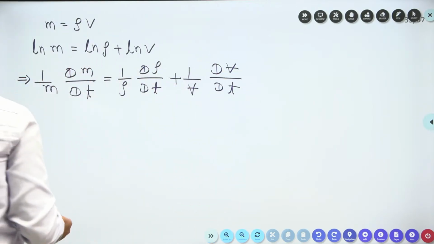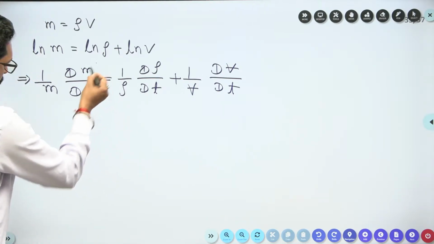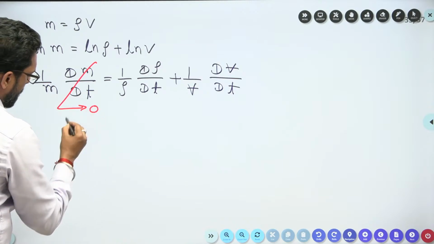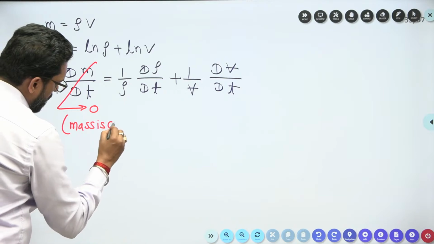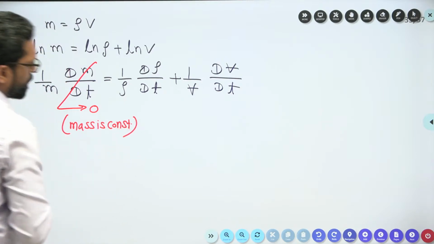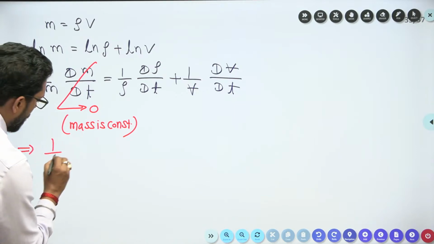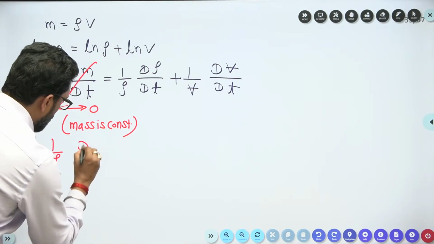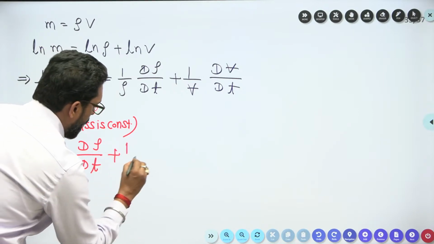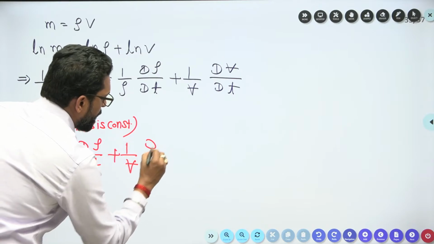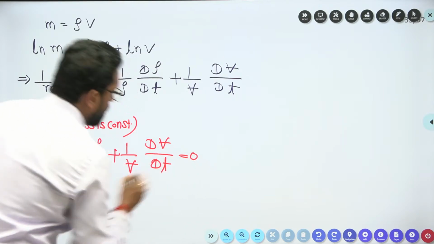So what is this, beta? This is 0. Why? Because mass is constant. Okay. So what is that? 1 by rho D rho by Dt plus 1 by V DV by Dt is 0.